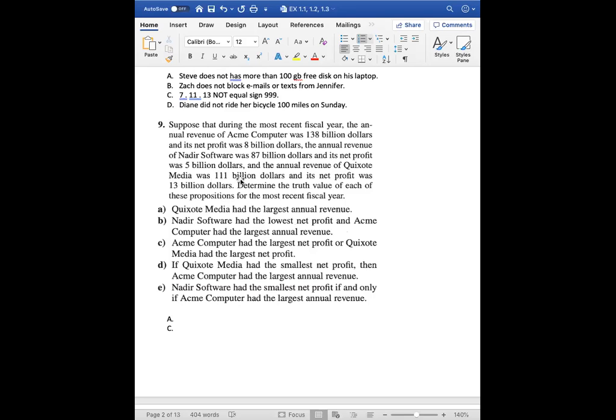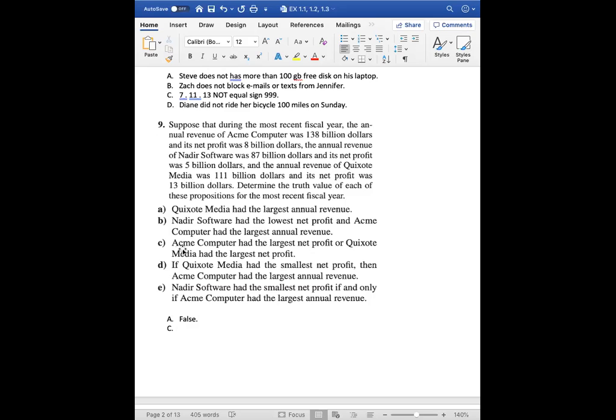Based on the question, Quicksort Media does not have the largest annual revenue, because there's another company, Acme Computer, which has a bigger revenue. Therefore, the truth value for this will evaluate to false. So this was a long question, but with a short answer.